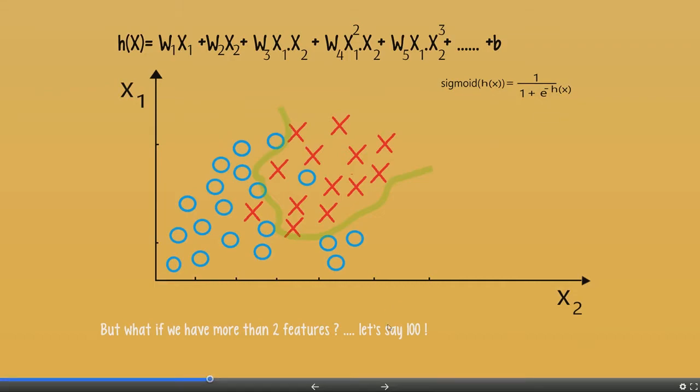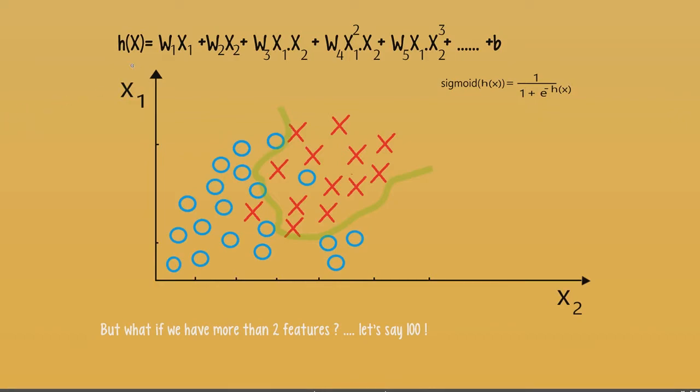If we have this number of features, calculating the hypothesis function is going to be super hard or even impossible for our computers, no matter how powerful your computer is. So we need to come up with a new solution better than these solutions in traditional machine learning.